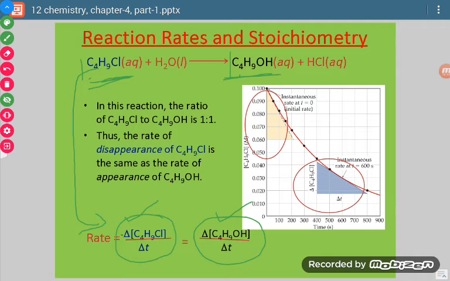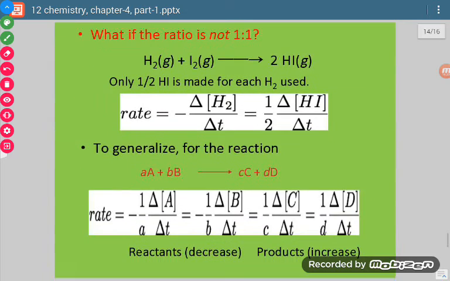But if the stoichiometric coefficients are not the same, then there is definitely a great role of those things. How that is, we will see now. We have taken this reaction. In this reaction, the stoichiometric coefficient is 1, but here it is 2. Now there is a role of the stoichiometric coefficient.